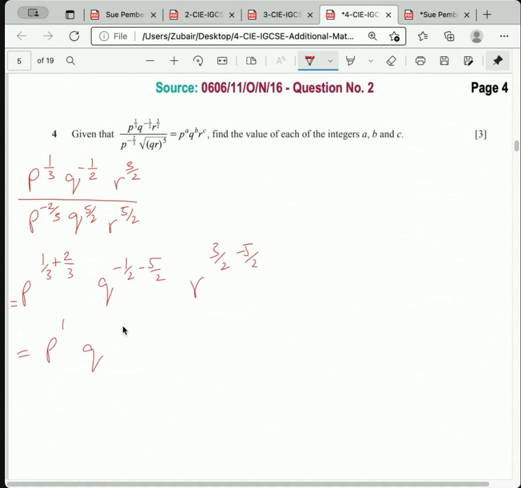Q raised to the power 1 by 2 and 5 by 2 is 3, and r raised to the power 3 by 2 minus 5 by 2 is minus 1. A is equal to 1, B is equal to minus 3 and C is equal to minus 1.